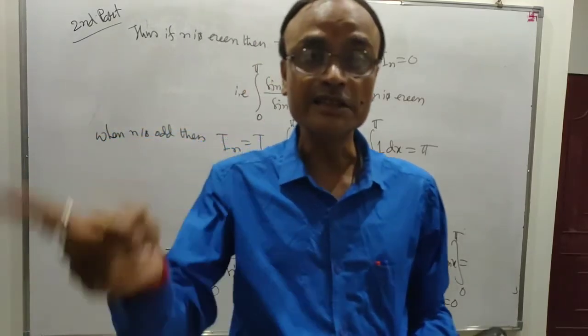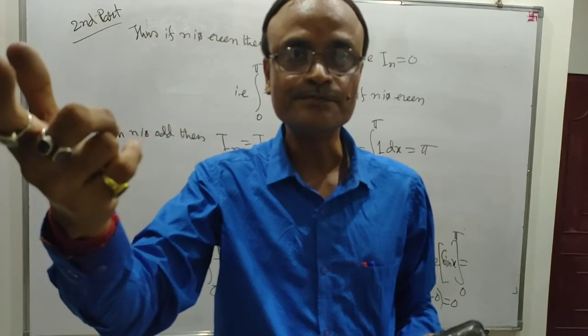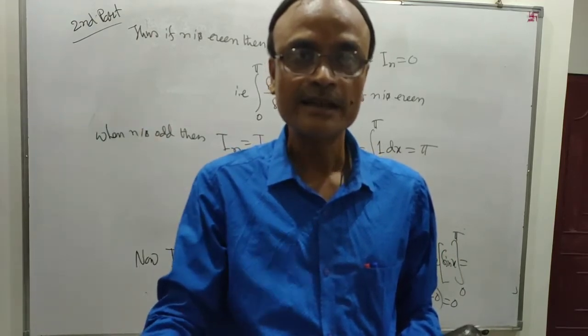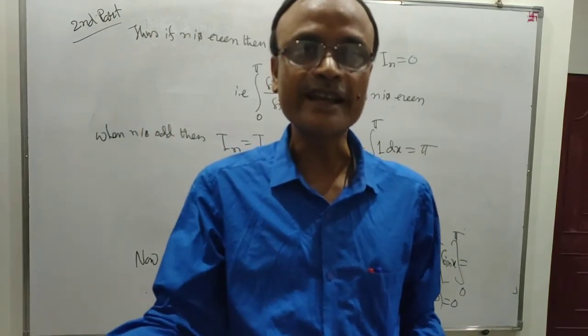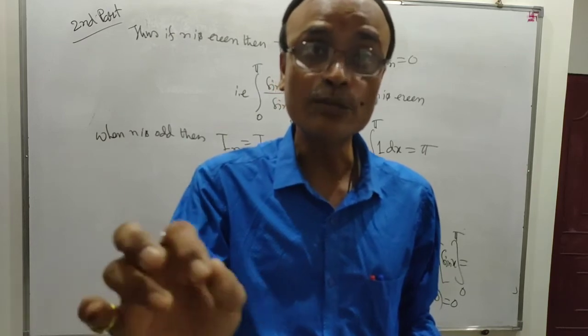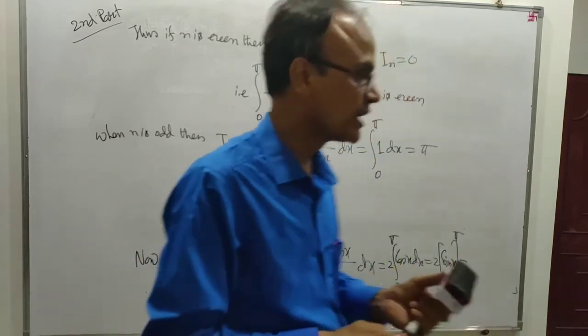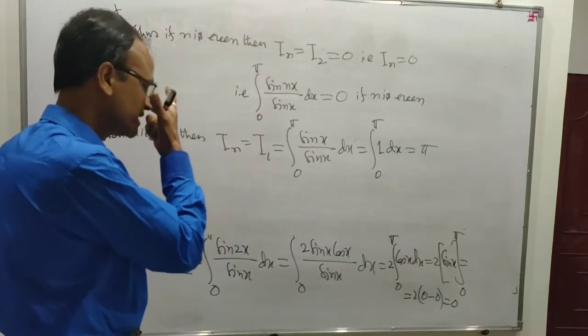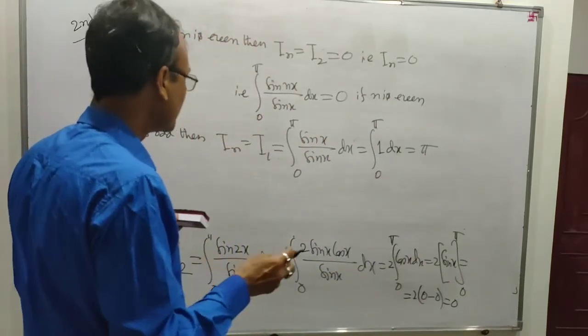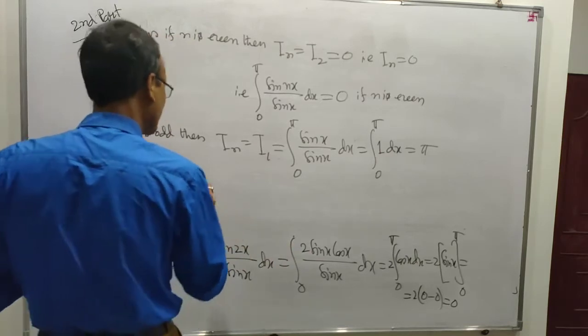If you are asked the integral 0 to pi sin 33x divided by sin x, the answer will be equal to pi. 33 is odd, the answer is pi. Immediately you can say the answer to that question.